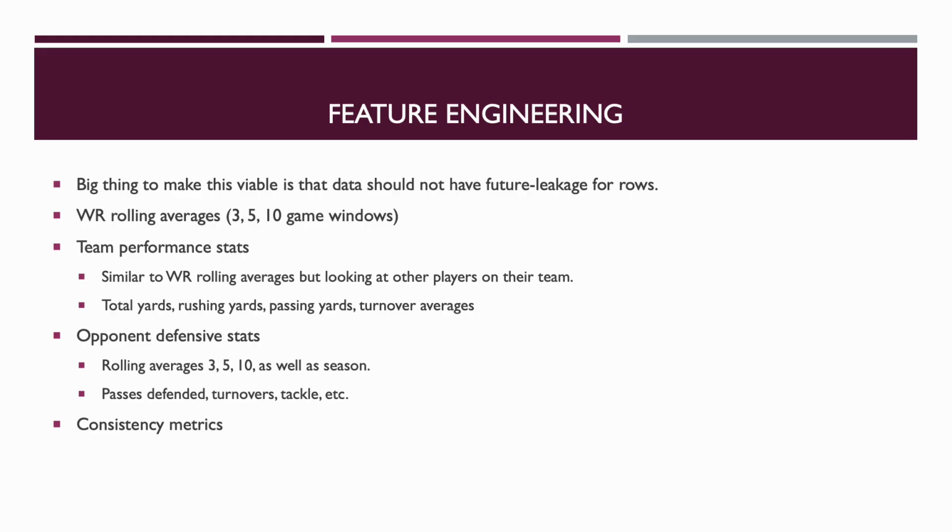For this, I mainly wanted to focus on defensive players. So for every wide receiver, there would be the opponent they were playing, and then that opponent's rolling averages of things such as passes defended, turnovers, tackles, sacks, etc.